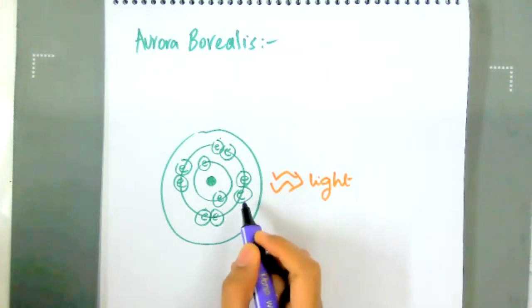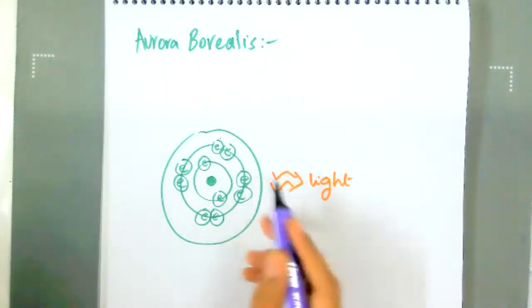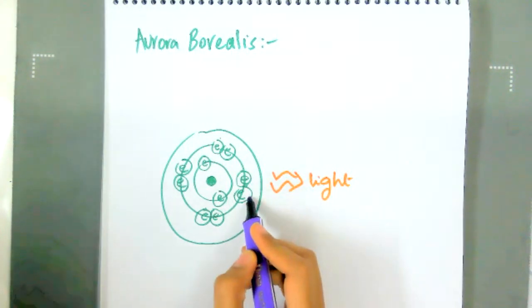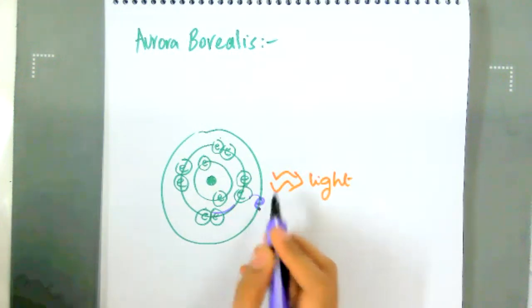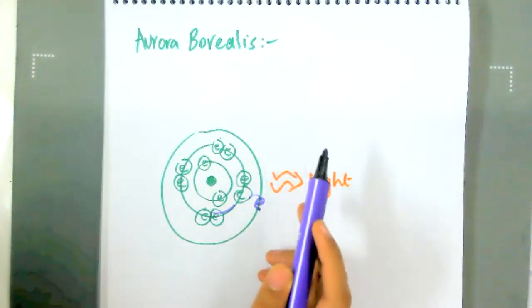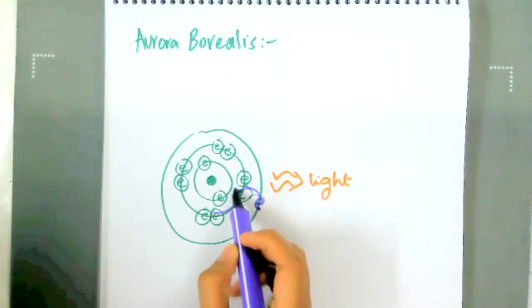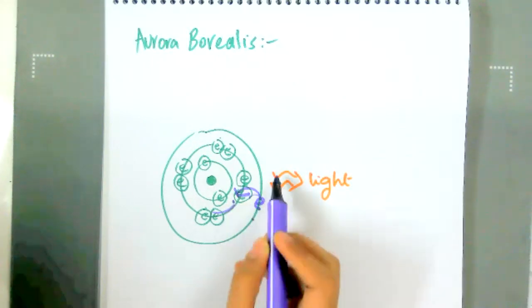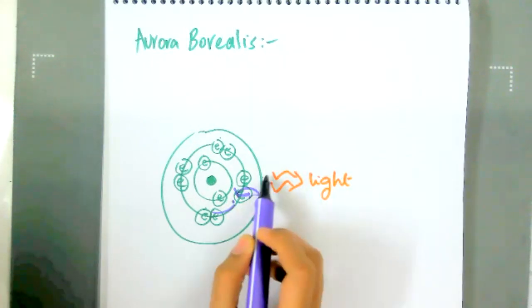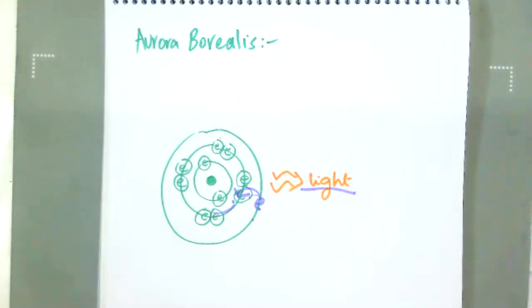That's because ultraviolet radiations make the electrons excited, and so the electrons jump from their energy level to a higher energy level. And then when they come back from the higher to the lower energy level, they release some energy, and that energy is released in the form of light, which we can see and also make use of.